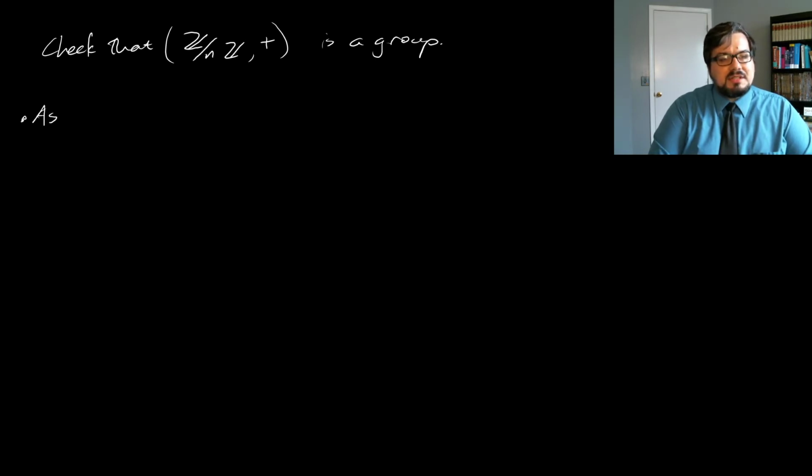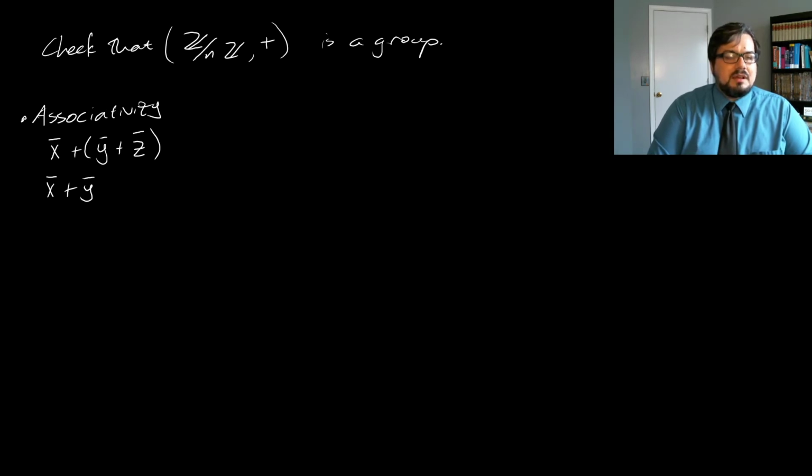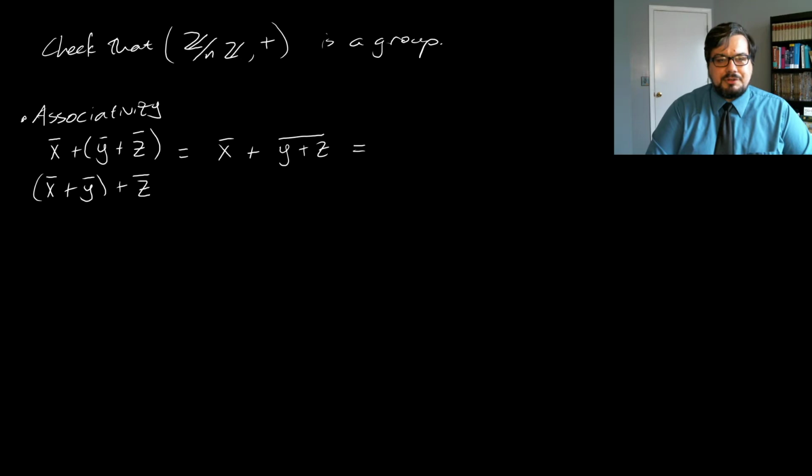So first, associativity. We want to check that if we take x bar plus y bar, plus z bar, that equals what we get when we take x bar plus y bar plus z bar. Well, let's go ahead and do this. y bar plus z bar is y plus z bar. That's part of the definition. And x bar plus y plus z bar is x plus y plus z bar.